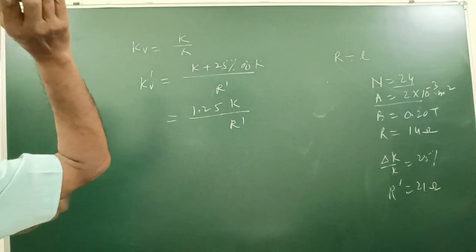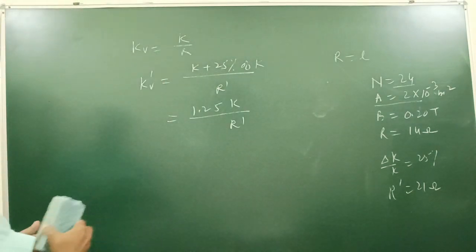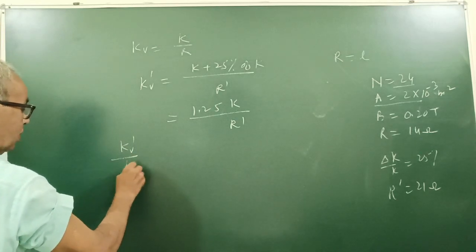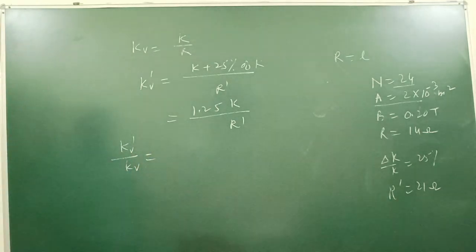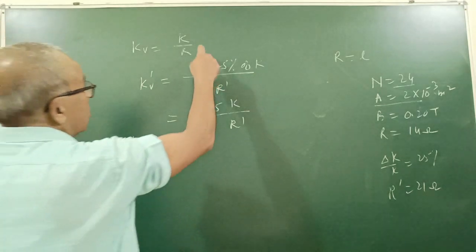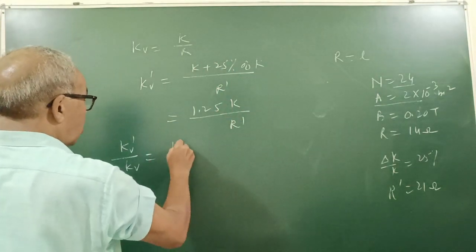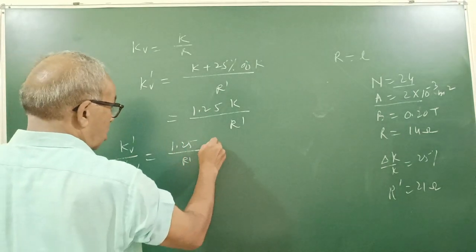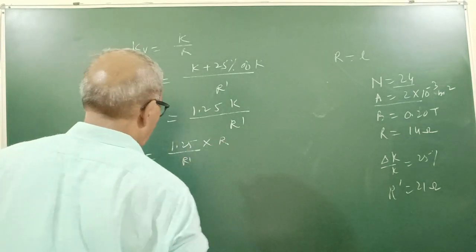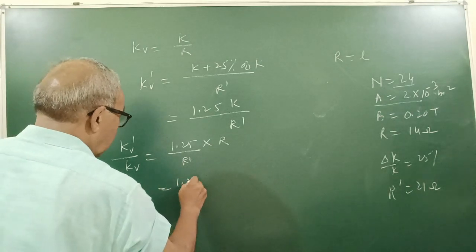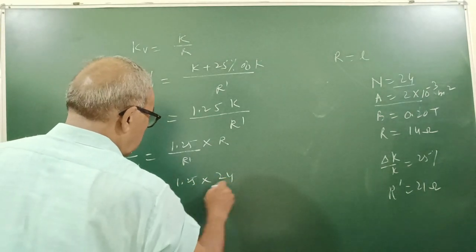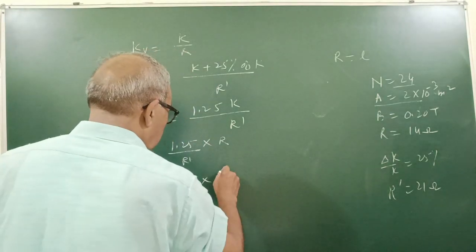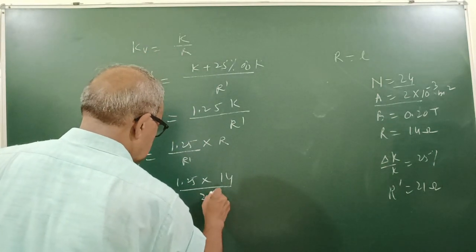So if we divide this KV dash upon KV, what will you get? This K cancels: 1.25 upon R dash into R. So 1.25 into R, 14, upon 21.